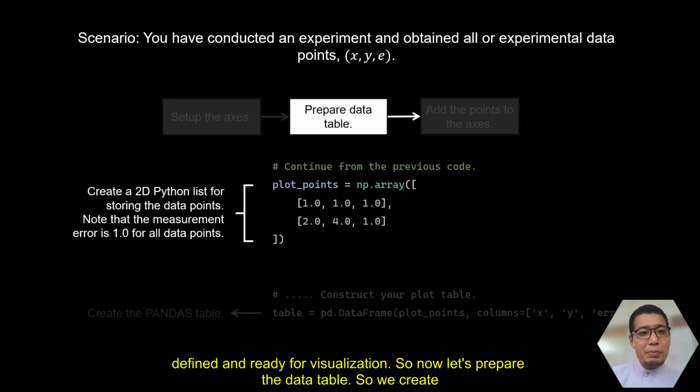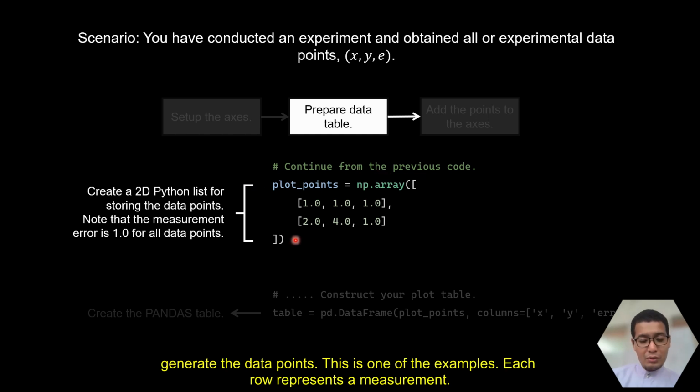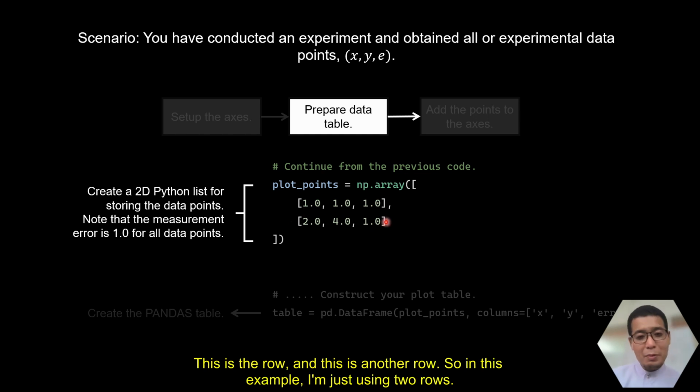Now let's prepare the data table. We create a two-dimensional Python list by using NumPy to store the data points. Basically we generate the data points. This is one of the examples. Each row represents a measurement. This is one row, and this is another row. In this example, I'm just using two rows, but in a real experiment, there could be more.